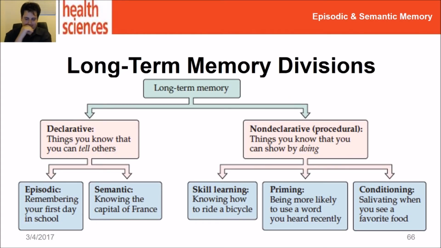So, again, when we were talking about this, that's episodic. The other one is semantic. The two of them are connected to each other. There's a reason they fall together under the declarative category here. I'm just trying to think what's the best way to say this.